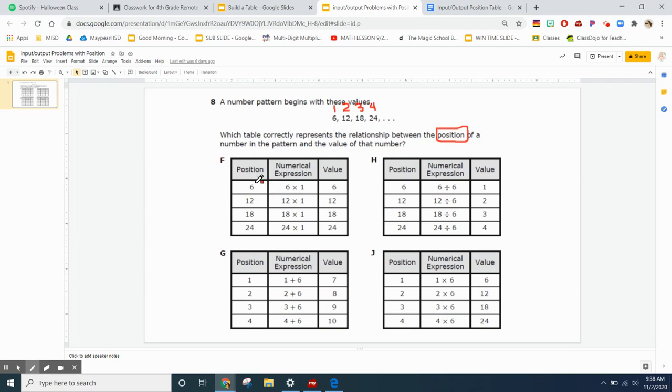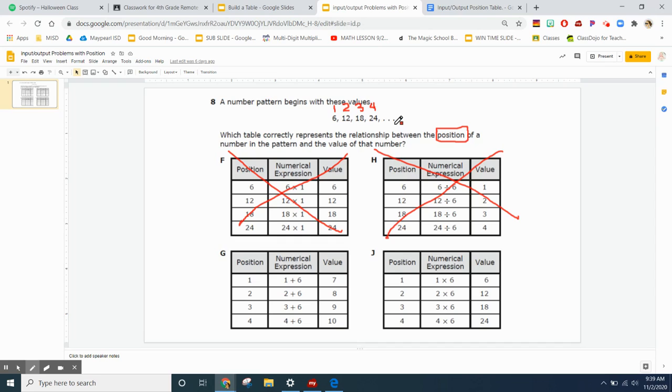So here we have position 6, 12, 18, 24. That's saying the 6 is in the 6th position and the 12 is in the 12th. That's not true. In the list here, we have position 1, 2, 3, and 4. So we can go ahead and eliminate these two answer choices.